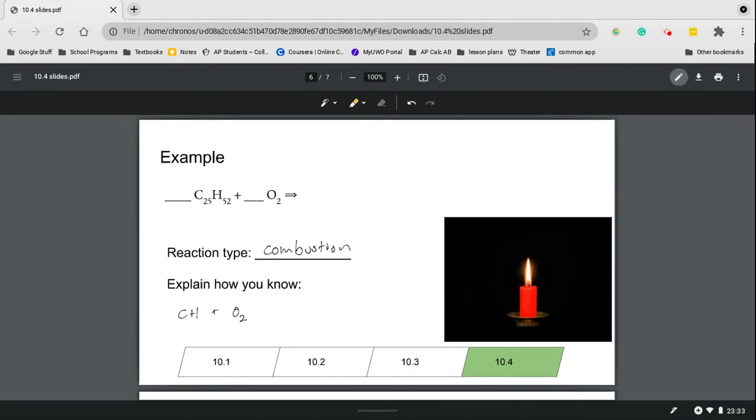And so a combustion reaction always is going to make something with carbon dioxide and water. It's just a matter of finding out what the coefficients are going to be. So just to save time, I've already done them, and it's going to be 38 for oxygen, 25 for carbon dioxide, and 26 for water.